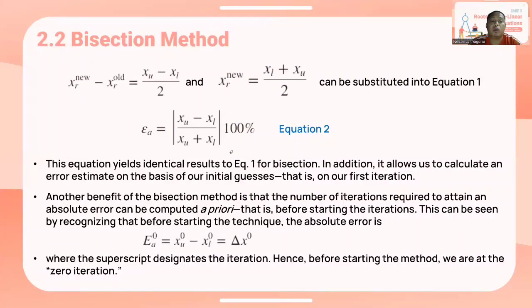This can be seen by recognizing that before starting the technique, the absolute error is E sub A raised to 0 equals X sub U raised to 0 minus X sub L raised to 0, or equal to delta X raised to 0. The superscript 0 indicates that this is the start of our iteration.